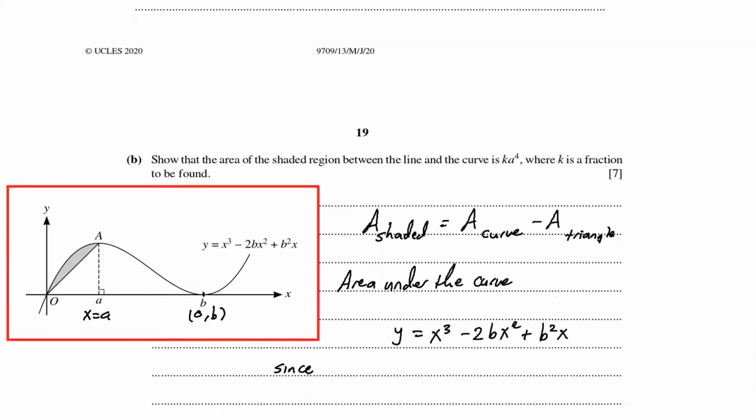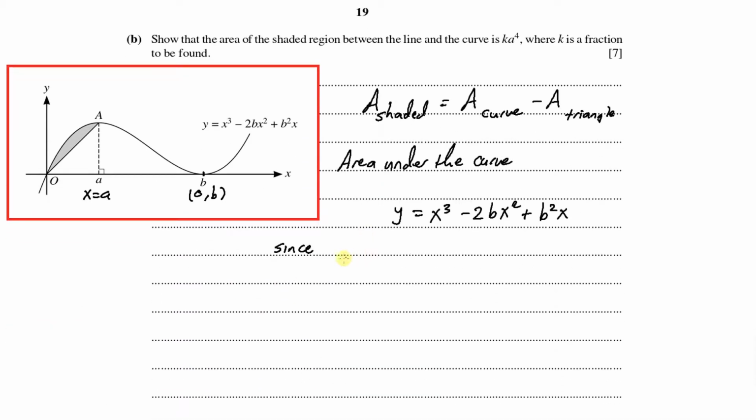So I'm going to write the equation of the curve in terms of a. Since b is equal to 3a, in place of b I'll put 3a. So that's x cubed minus 2x squared of b, which is 3a, plus here we have 3a squared of x.